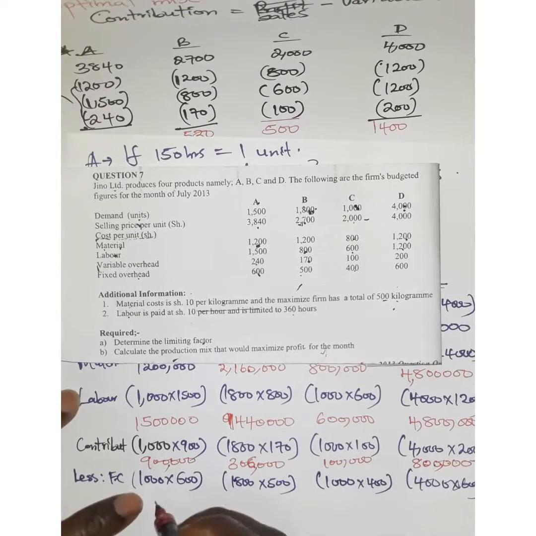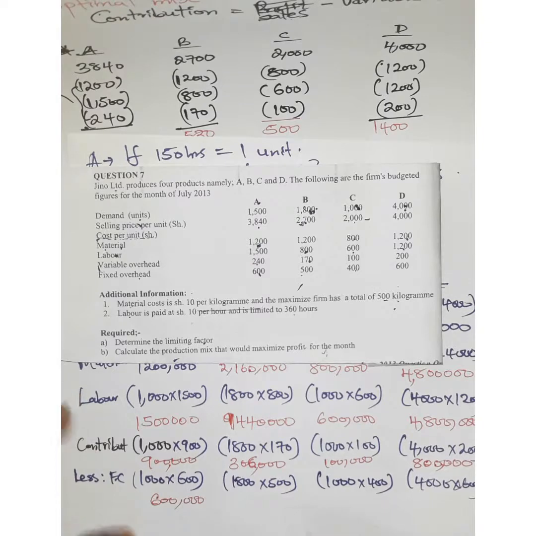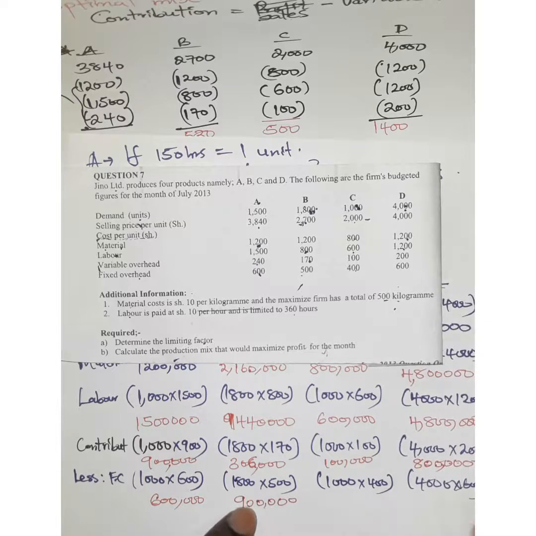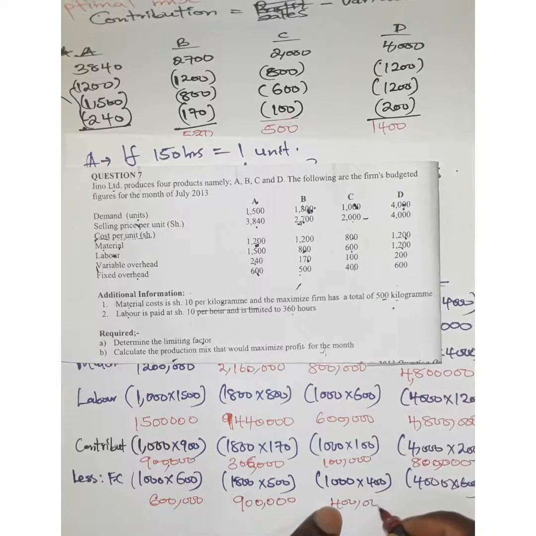Then for the fixed costs, here we have 600,000, 900,000, and 400,000.